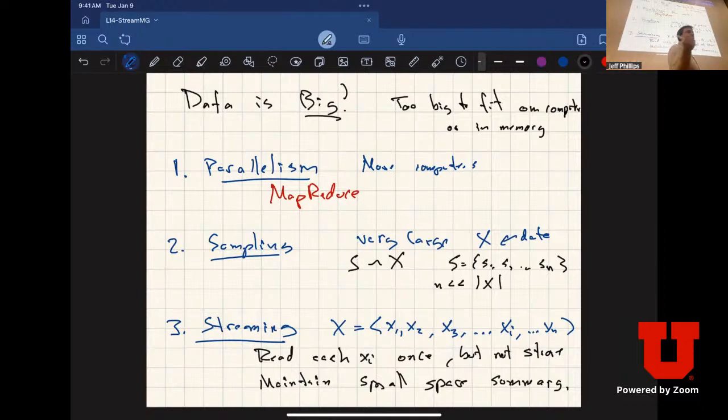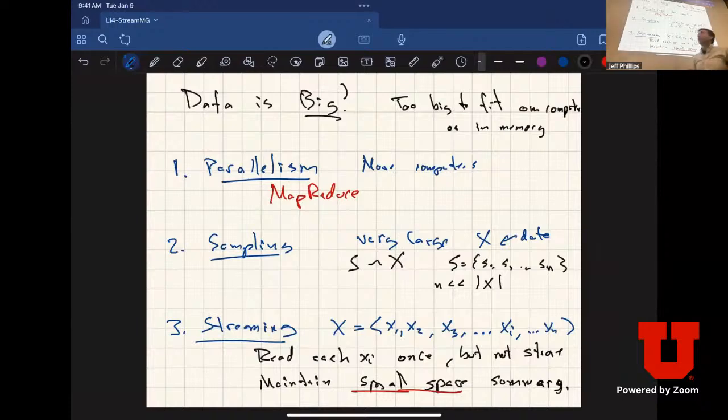They're given to me in some order. I need to read the item once, maintain some sort of summary of the data I've seen, and then the items are gone. I can't store all. Maybe I can store a small number of them, but not all of them. And so the goal here has really been to optimize this small space of the summary that I'm maintaining on this data.